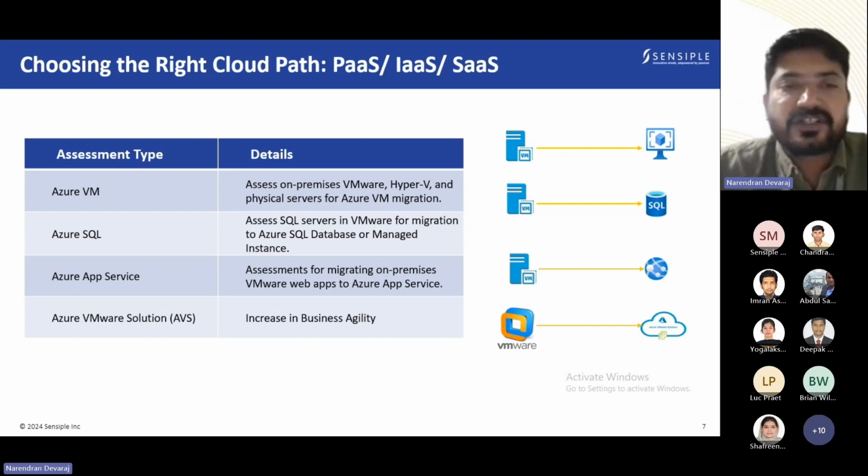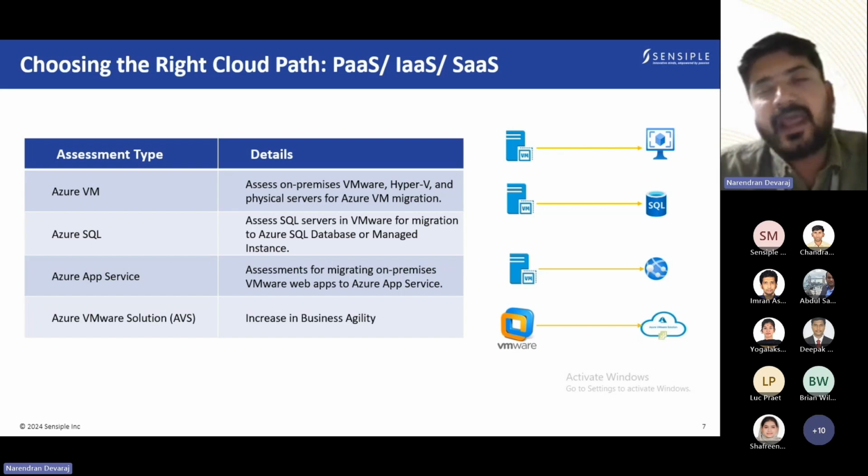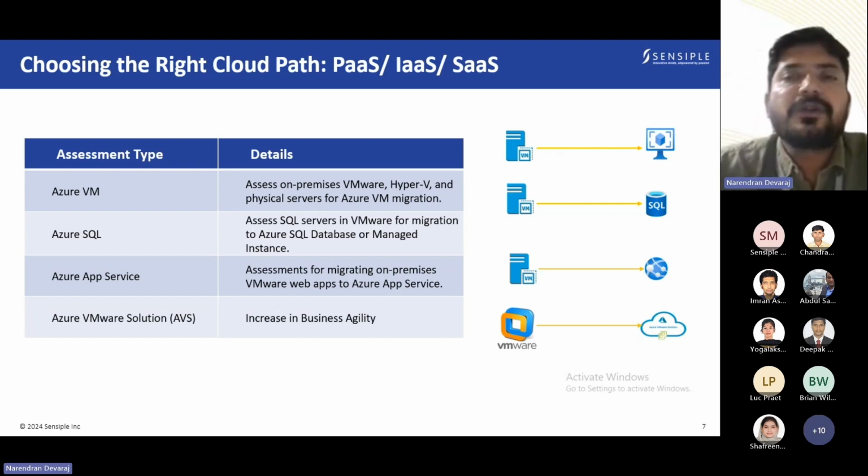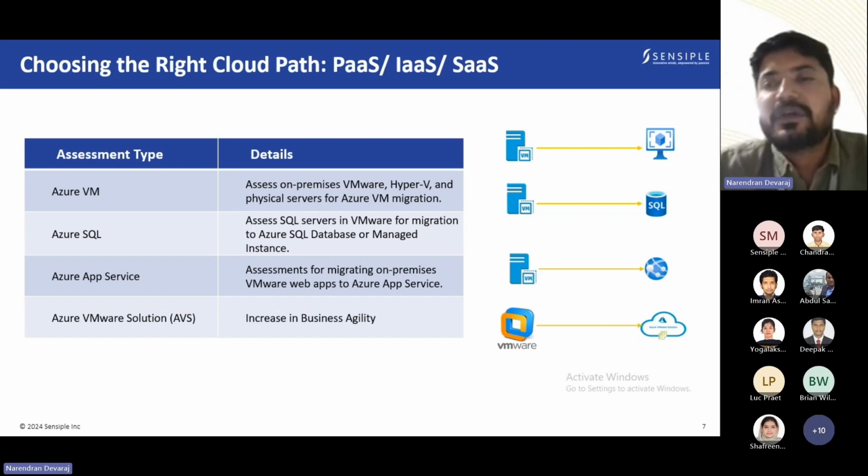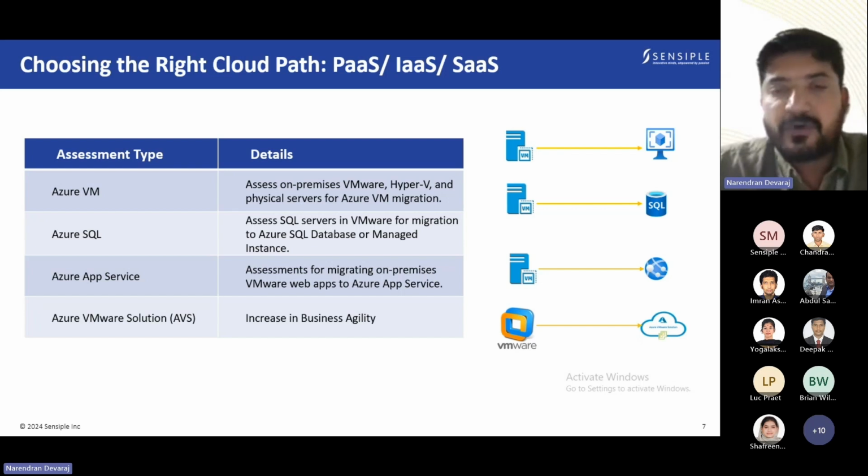Whereas for your SQL Server, you can move it as a virtual machine in Azure, or you can move it as a managed instance or SQL database in Azure, where you pay only for the utilization that you're doing. So you need not worry about the infrastructure or the complexity of the data and configuring the database.